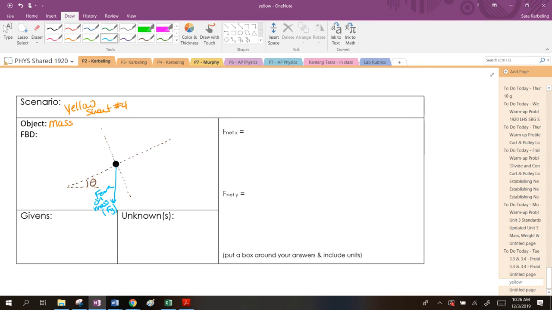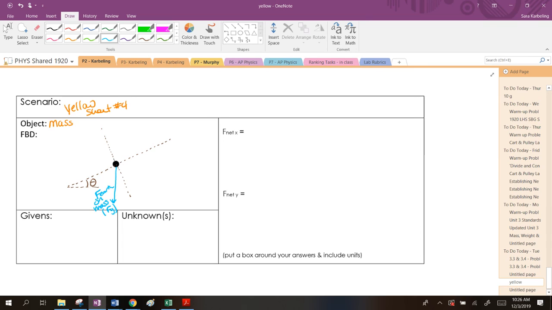Yeah. The ramp. Which way is the ramp pushing? What kind of force is it? Maybe that would be helpful. Is there friction? It's frictionless. Does the ramp act on the object any other way? Yeah. Normal.